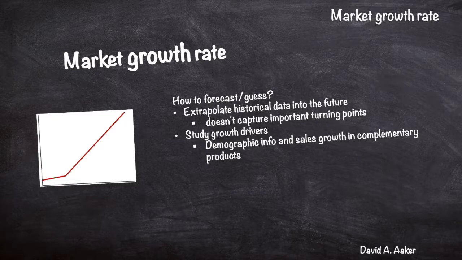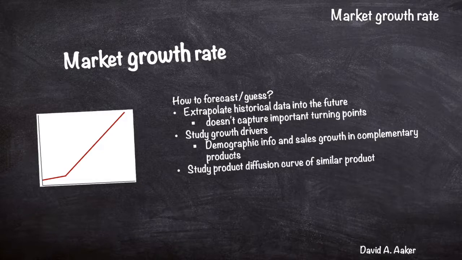Important inflection points in the market growth rate sometimes can be predicted by constructing a product diffusion curve of a similar product. The shape of the curve can be estimated by studying the characteristics of the adoption rate of similar products in the past. Ultimately, the maturity and decline stages of the product life cycle will be researched.